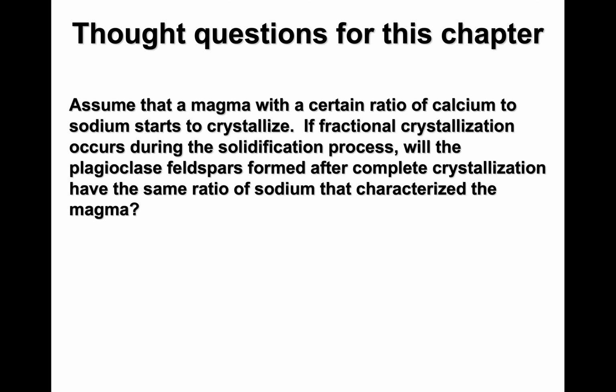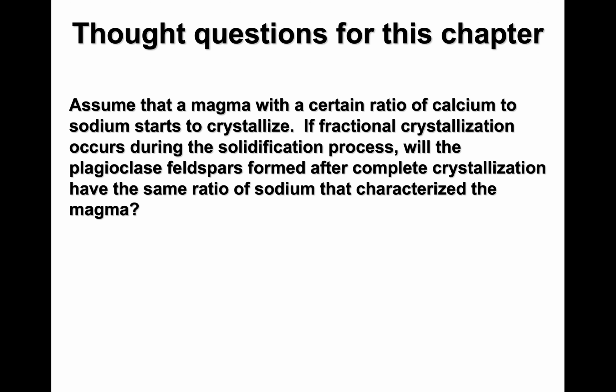So next question: we are assuming that the magma with a certain ratio of calcium and sodium starts to crystallize. So then we have to think about which minerals we can form using calcium and sodium in a magma.